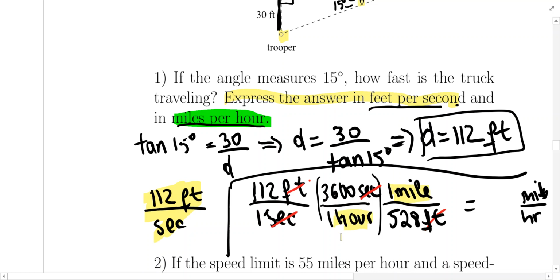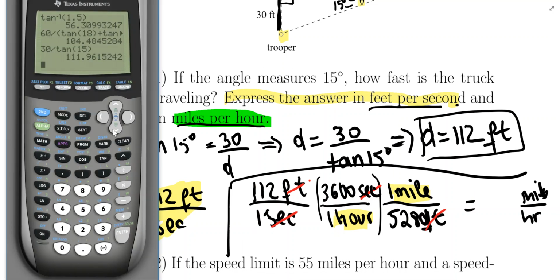So basically, the answer is going to be 112 times 3600 divided by 5280. So how we're going to get this, we're multiplying 112 times 3600, and then we are dividing by 5280.